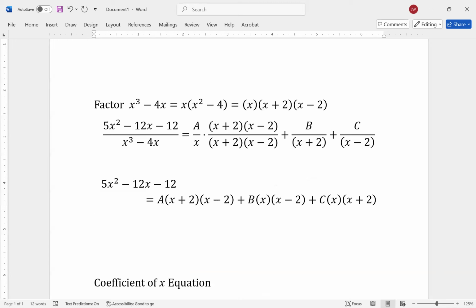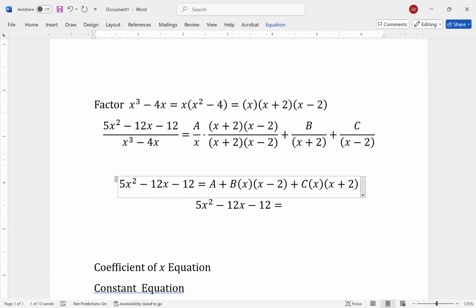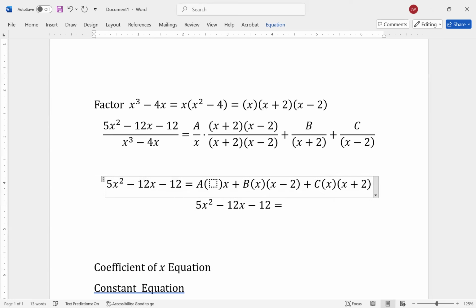If I multiply the right-hand side out, the left-hand side we'll just leave: 5x squared minus 12x minus 12. On the right-hand side, x plus 2 times x minus 2 would be x squared minus 4.